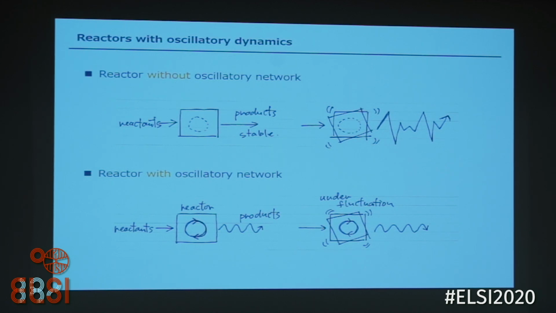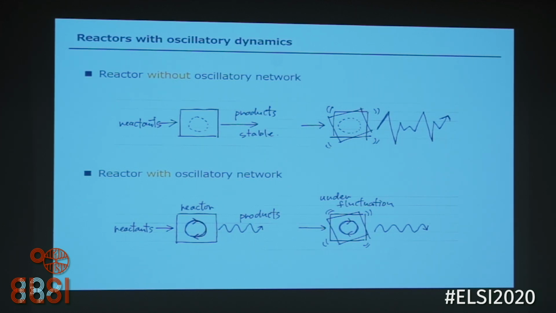So for example, design a reactor with and without oscillatory networks. In case the reactor has a chemical oscillator inside, of course the output will oscillate. Right?